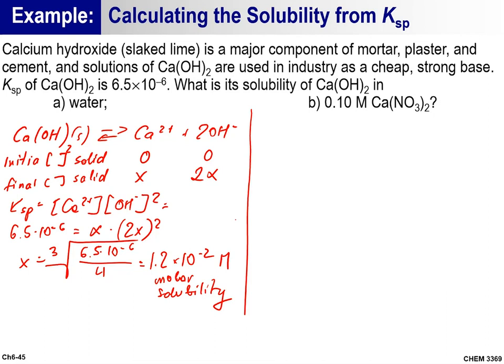Now the second case. We are dissolving the same compound, calcium hydroxide, not in water, but in a 0.1 molar solution of calcium nitrate. So let's do the same concentration table.